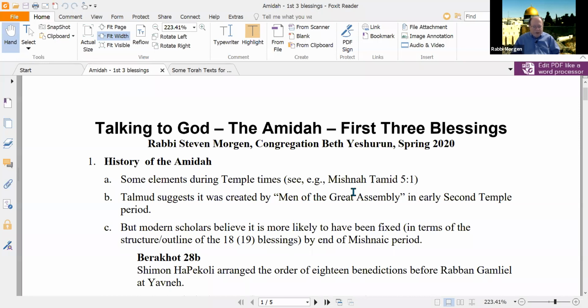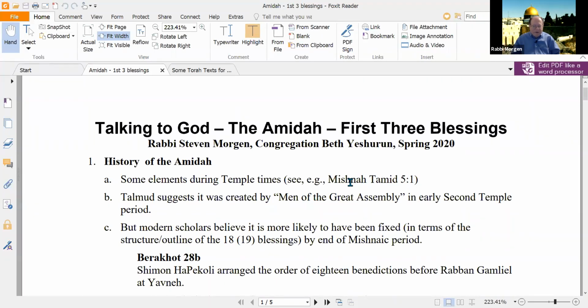So those elements from Mishnah Tamid became sort of the initial building blocks for the Amidah, right? The priestly blessing is the last blessing of the Amidah. In the morning, we do it right before Sim Shalom. If you have Kohanim there, they do Yevarechecha Adonai V'Yishmerecha. And if they don't have a Kohen, the prayer leader recites the priestly blessing.